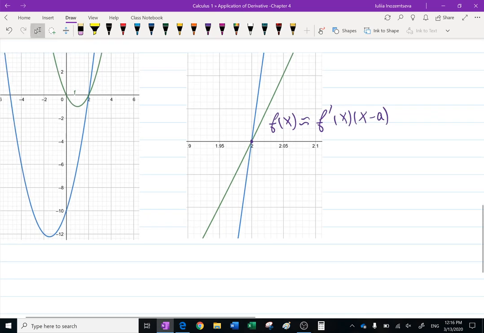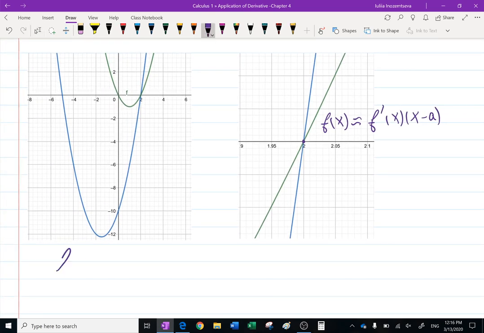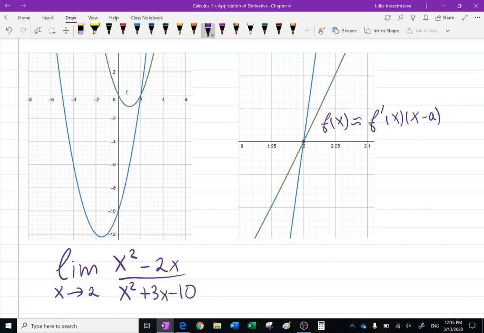So what I'm trying to say here is, instead of working with the limit when x approaches 2, and we're working with two parabolas, x squared minus 2x, all over x squared plus 3x minus 10, I can actually work with a limit when x approaches 2. When I zoomed in, I will approximate each function using linear approximation with the equation of a tangent line.